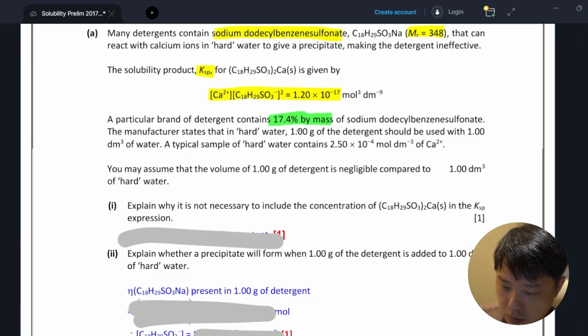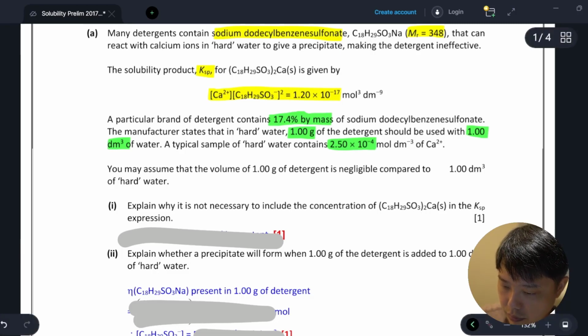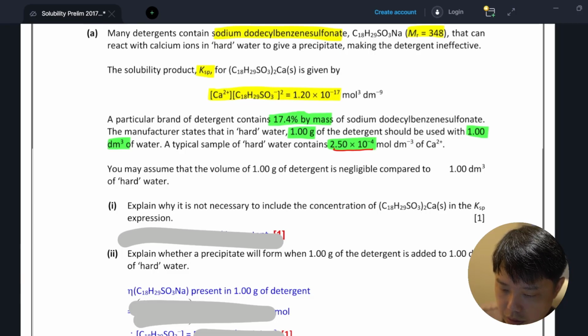In hot water, 1 gram should be used with 1 dm cube of water. Typical hot water contains 2.5 times 10 to the power minus 4 mole per dm cube of calcium, so they give you the calcium concentration in hot water. You may assume that the volume of 1 gram of detergent is negligible compared to 1 dm cube of hot water.